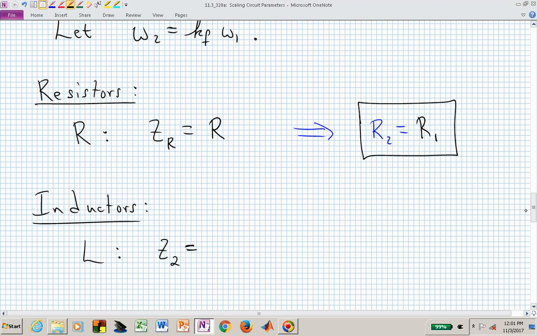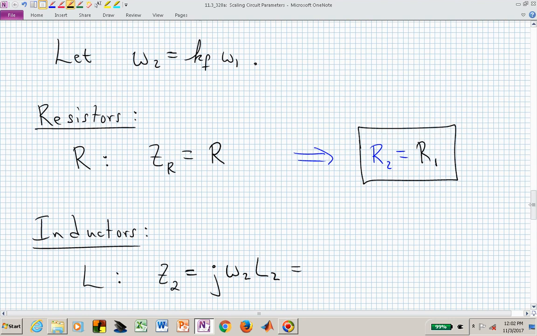What about our inductor? Our inductors now, the final inductor, Z sub 2, has an impedance at the final frequency of J omega sub 2 L sub 2. And remember how we've related omega sub 2 with omega sub 1.